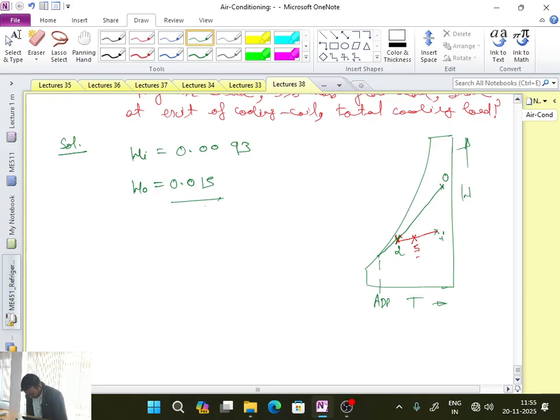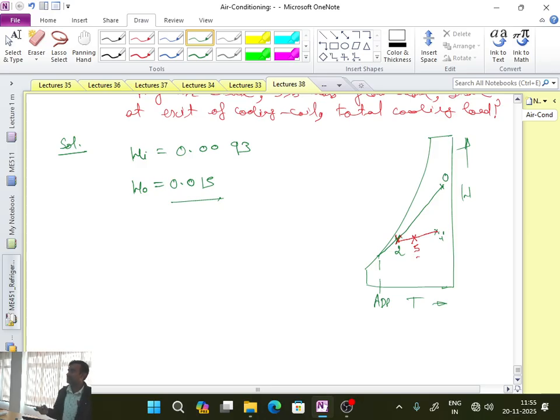If I know RSH, I know RLH, I also know QS. Can I calculate TS and WS? Very simple. The S state, can you calculate or not? QS is given in the question. How much is it?